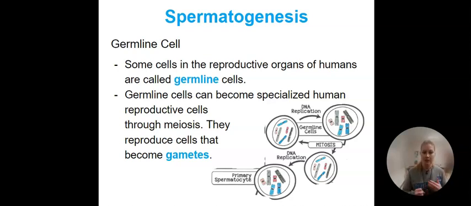So the germline cells give rise to gametes. So we still have DNA replication. We undergo prophase, metaphase, anaphase, telophase, and then this creates what's called a primary spermatocyte, or just that very first cell.